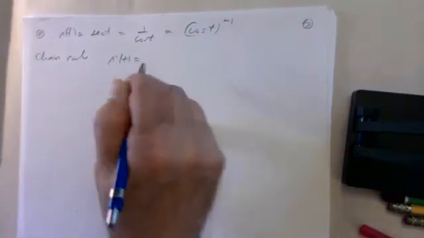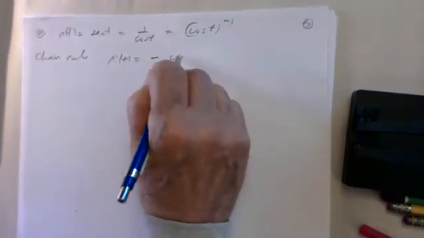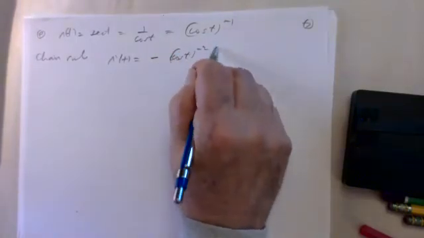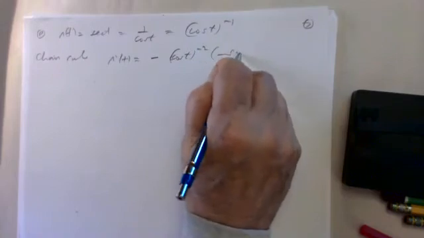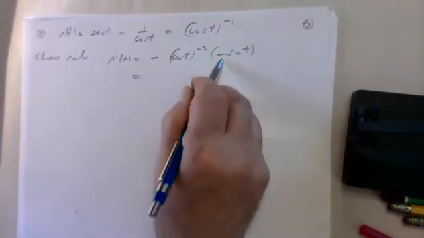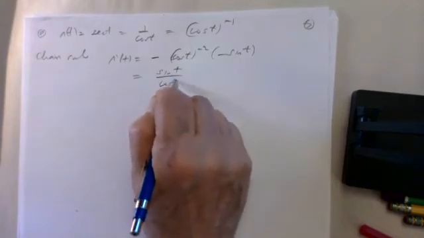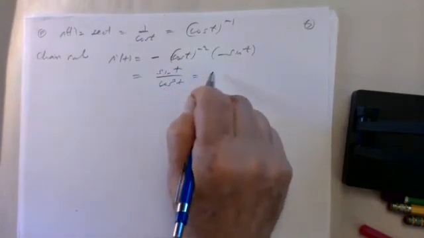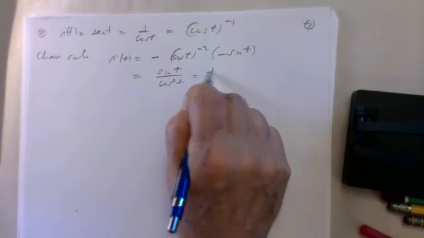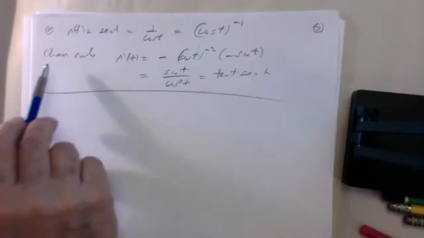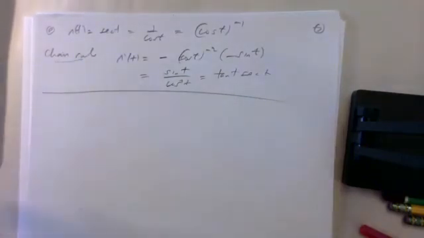R prime of t would be minus cosine t to the minus 2 times the derivative of the cosine, which is minus the sine. The minuses cancel. I get sine t over cosine squared t again, which is again tangent t, secant t. So I just wanted to point out, you could also solve this problem using the chain rule.